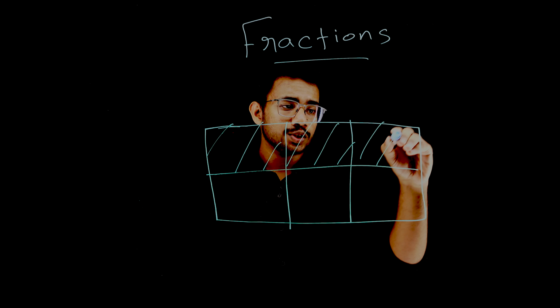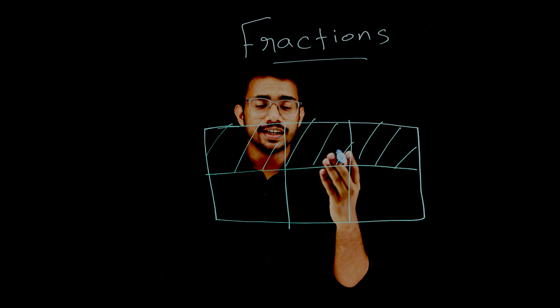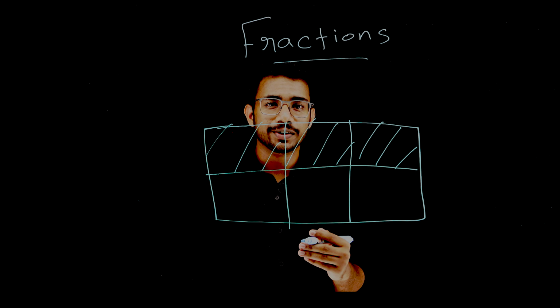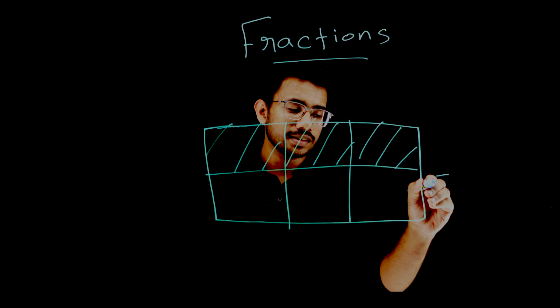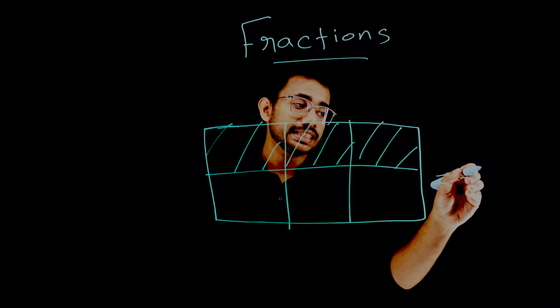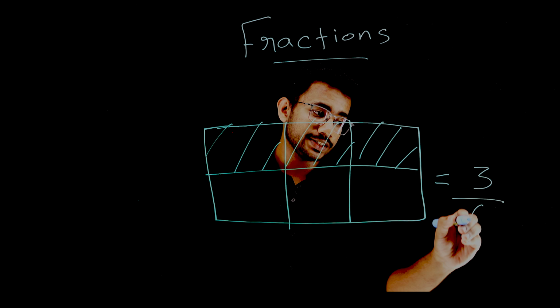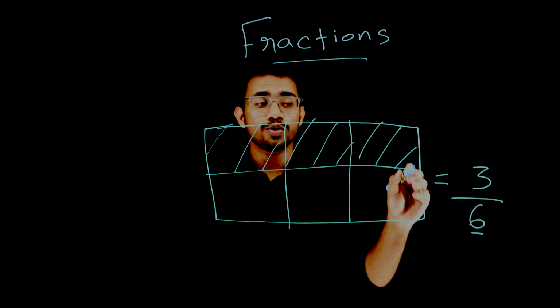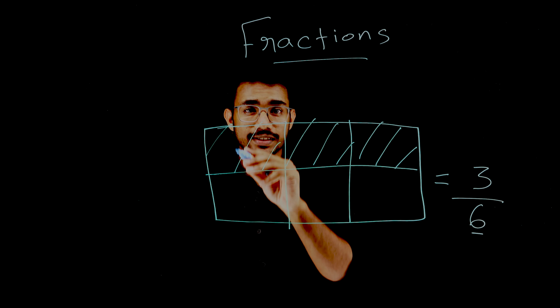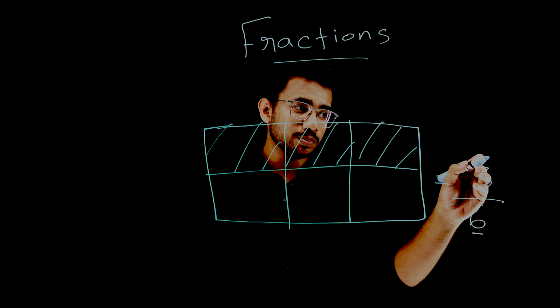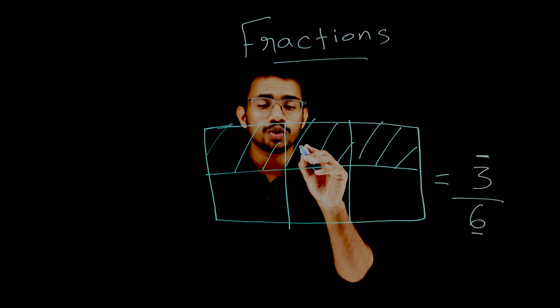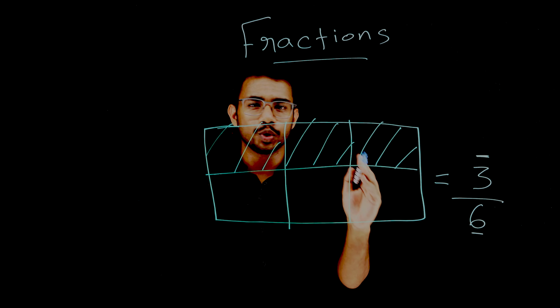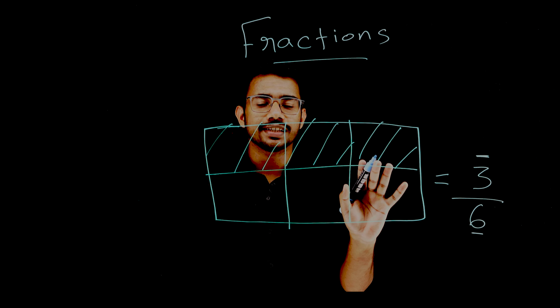Now if I ask you what fraction represents the portion that I'm taking here, it would be, exactly, 3 over 6. And here, what does the 6 indicate? The 6 indicates into how many equal portions I am dividing this entire thing, and the numerator 3 indicates of those equally divided portions how much you are taking. I hope the idea is clear.